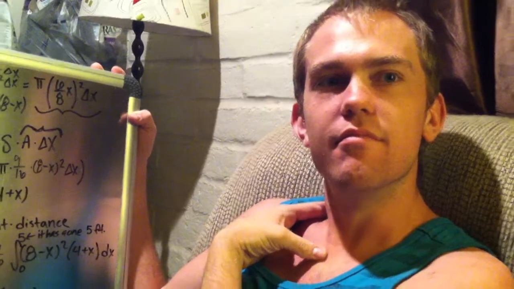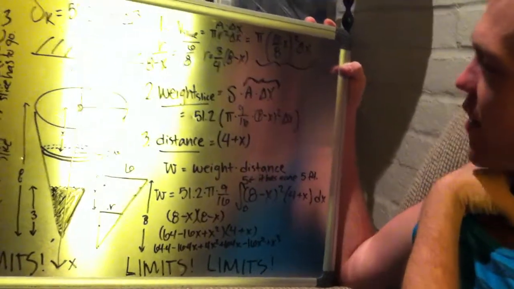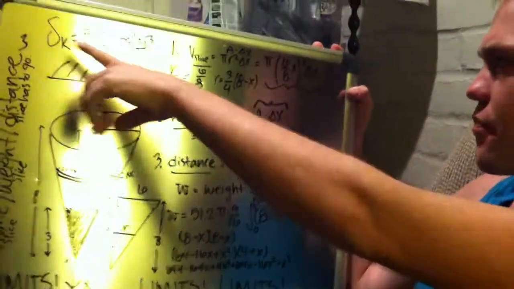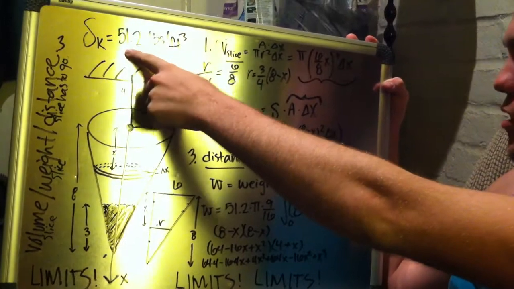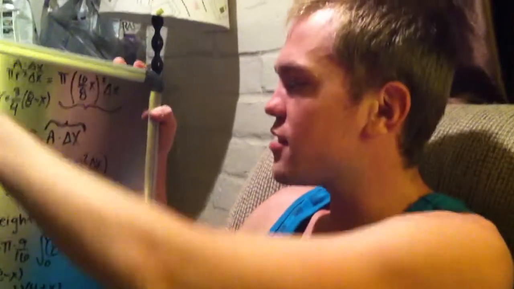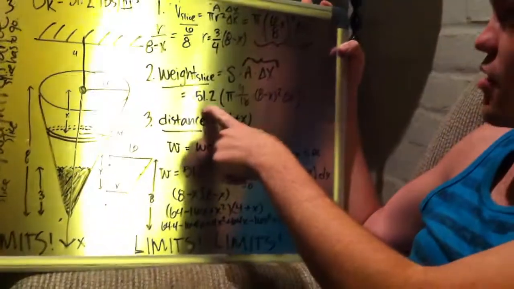Did we decide that the squiggly's distance? We decided that. Okay, so that means we're going to bring in this number that we got up here. Was that given? That was given. It was given to us. And so we input that.